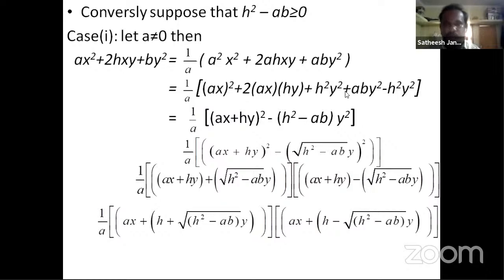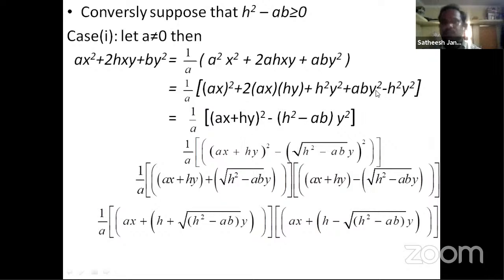Observe the first three terms. This is a square plus 2ab plus b square, the formula for a plus b whole square. Here a means ax, b means hy, so we get ax plus hy whole square, minus. Observe these two terms, both are y square coefficients.